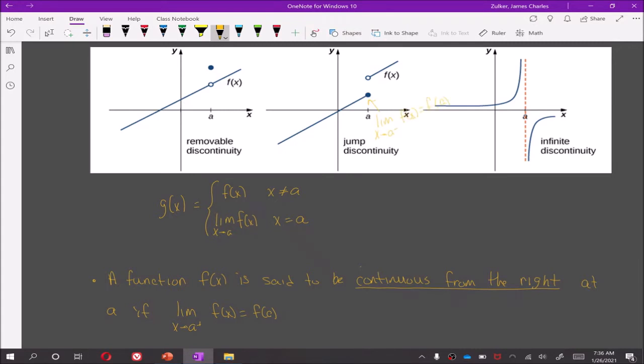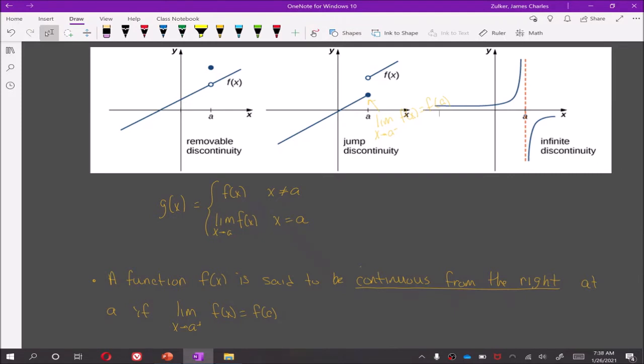That is equal to f of A, right? Because it's a filled-in dot. This is an open dot, right? That means that it is not defined at that point, so that limit does not equal f of A.